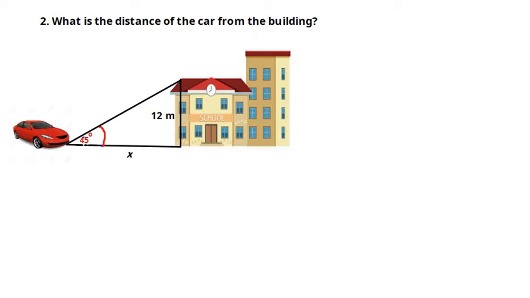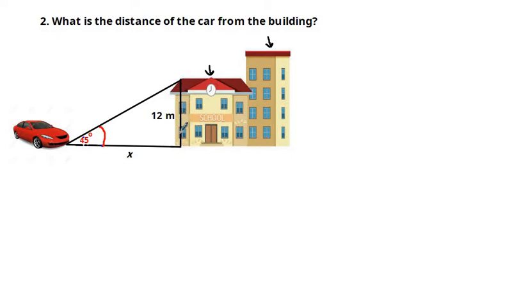Alright, so right here we have a car, a nice red car, and we have a school. Alright, nice big school right here. And at this portion of the school, you have 2 levels, this level and this level, but we are looking at this part right here, the lower level.